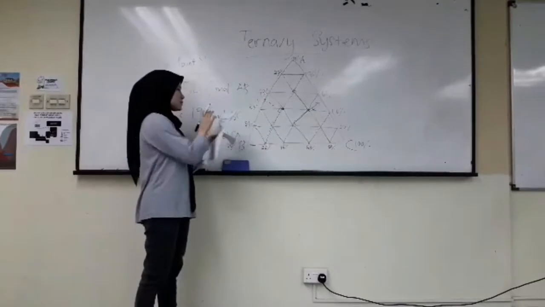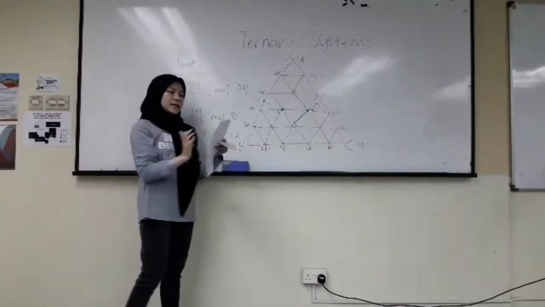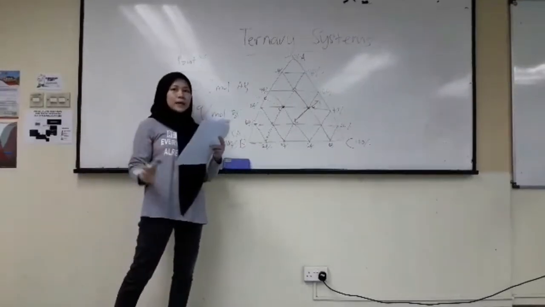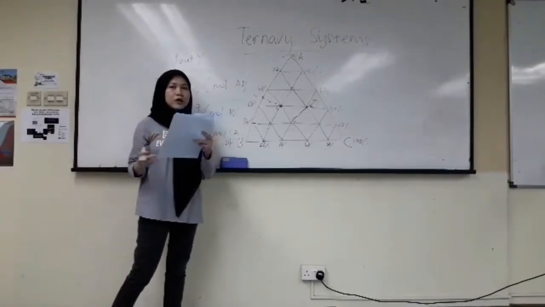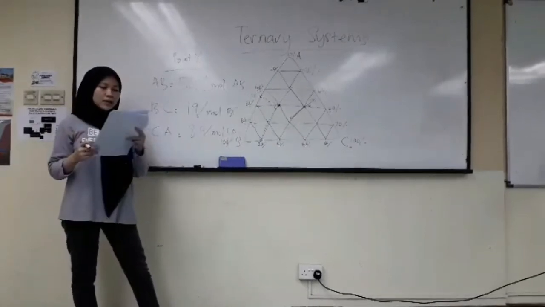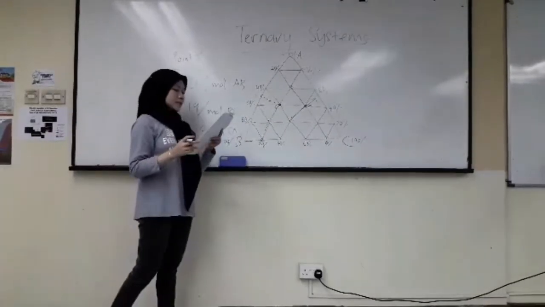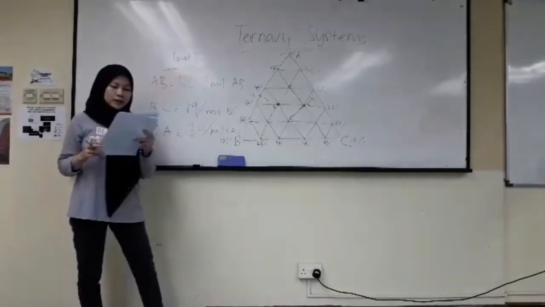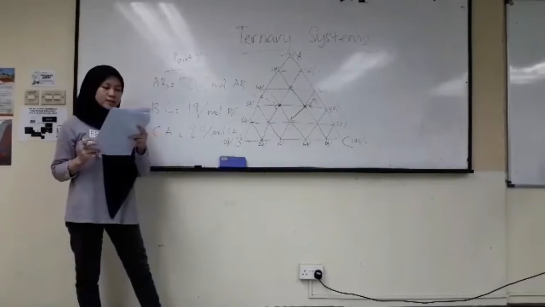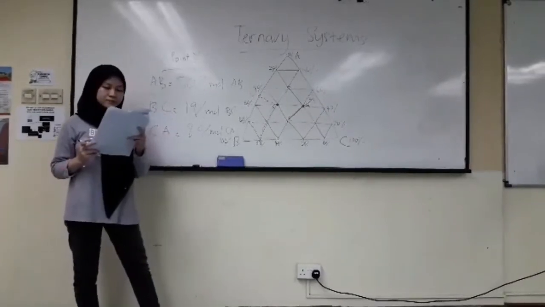Okay, in a ternary system, there is also an isothermal section. Isothermal is a change of a system in which the temperature remains constant. This occurs when a system is in contact with an outside thermal reservoir and the change in the system occurs slowly enough.